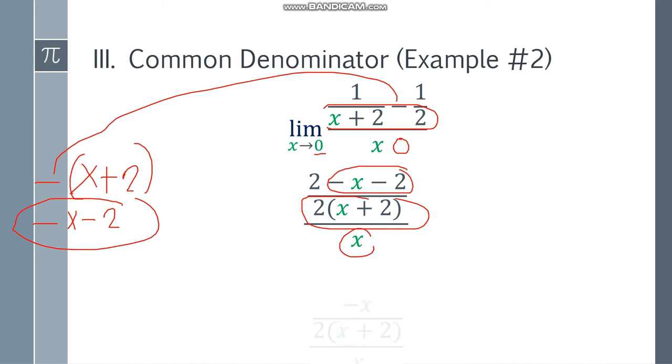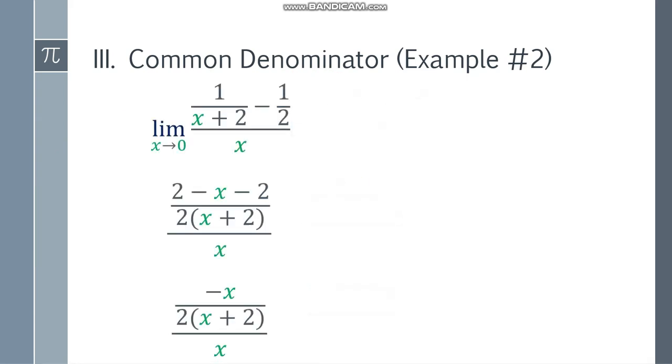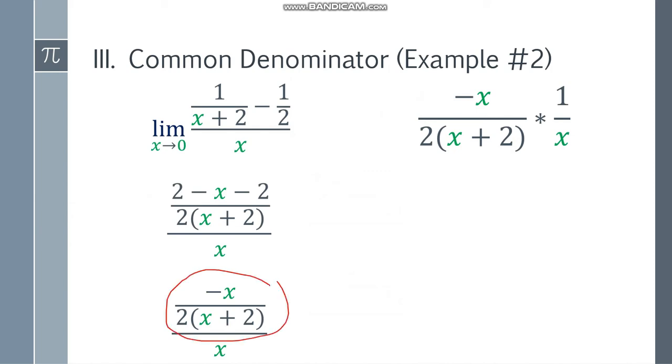Moving on, you may have noticed that the 2 are gone, because 2 minus x minus 2, or 2 minus 2 is 0. So we are left with negative x over 2 times x plus 2 over x. Remember again the a over c, the reciprocal. So this one will be like this. Okay, I'll enclose it. And over x, you have to get the reciprocal, so you have to multiply it by 1 over x.